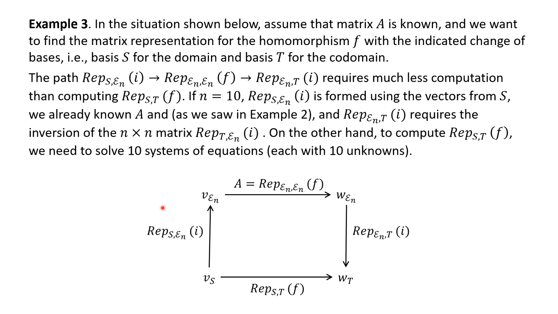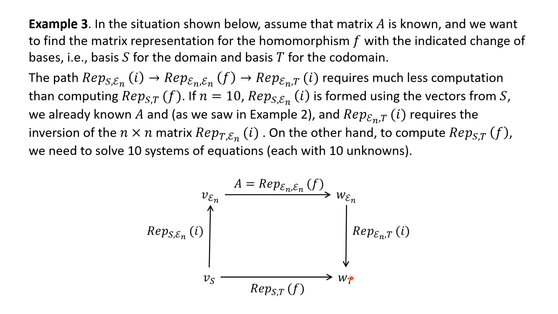So let's go through that. As we saw in the example 2, going from here to here was just taking the basis vectors for S and putting them into a matrix. So there was really no work there. And we're given A, that's the starting point. And then going from here to here, it's the same idea that we did before.